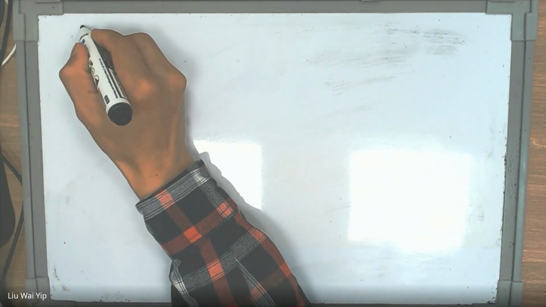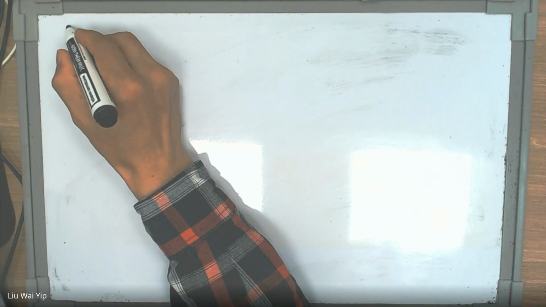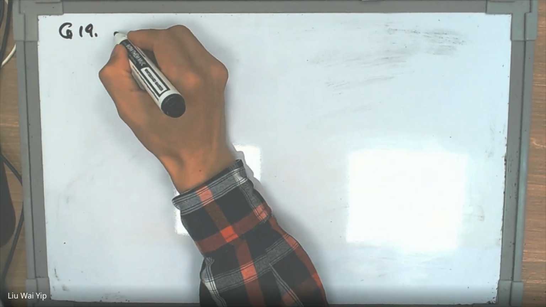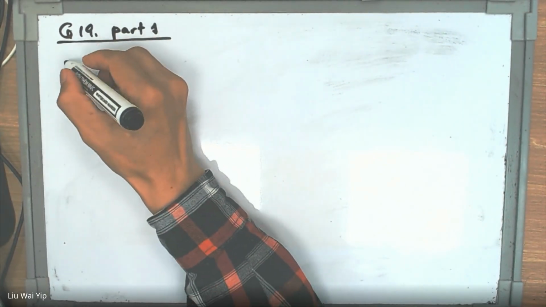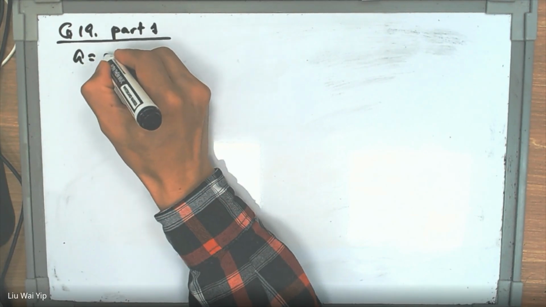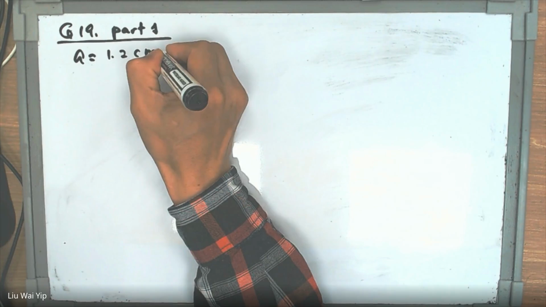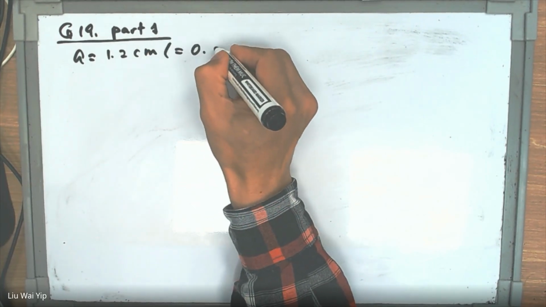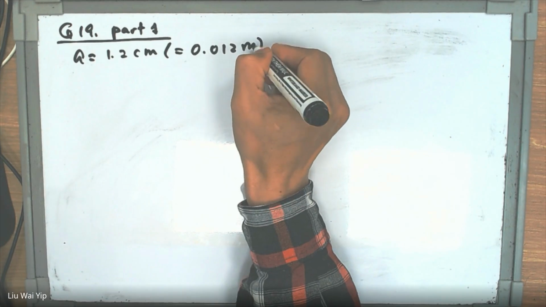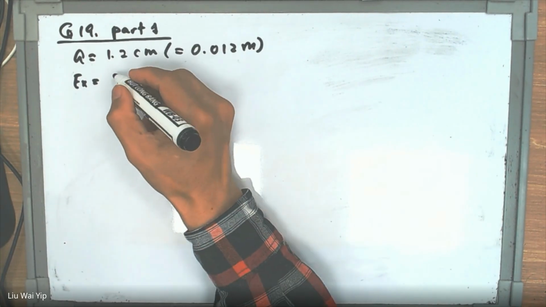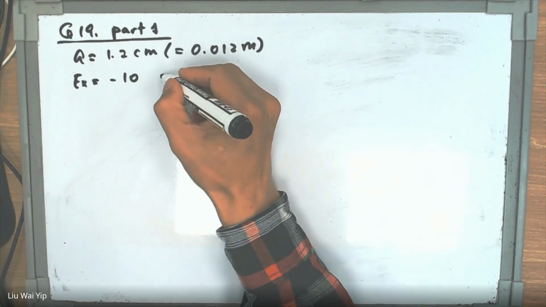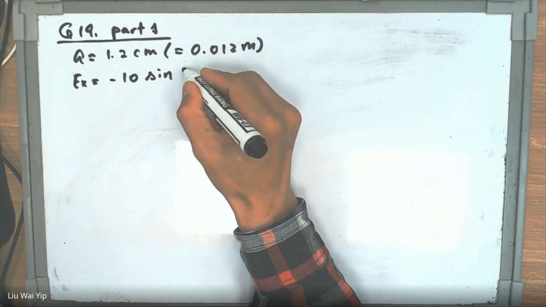First of all, the question has already given us, Q19 part 1, a equals 1.2 centimeter, or simply 0.012 meter, and Ex equals 10 sin(2...).